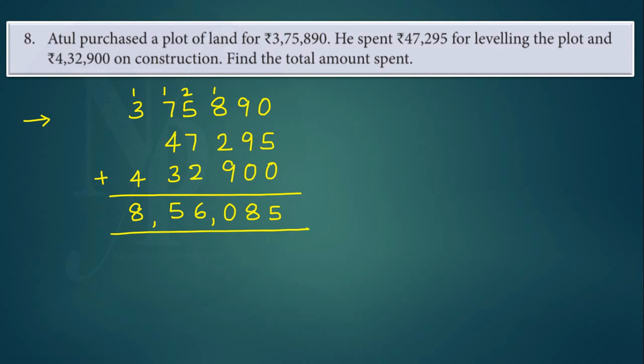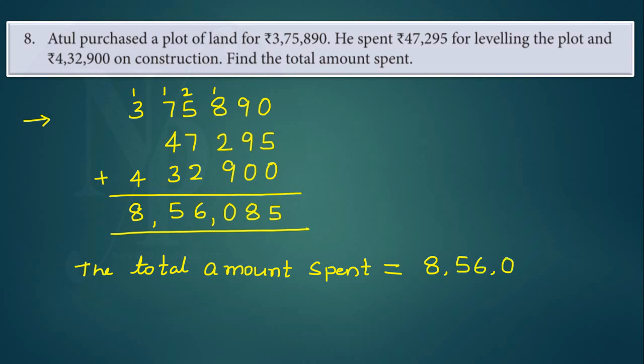So you should conclude by writing a statement that the total amount spent, at least you should write like this: the total amount spent is equal to 8,56,085 rupees.